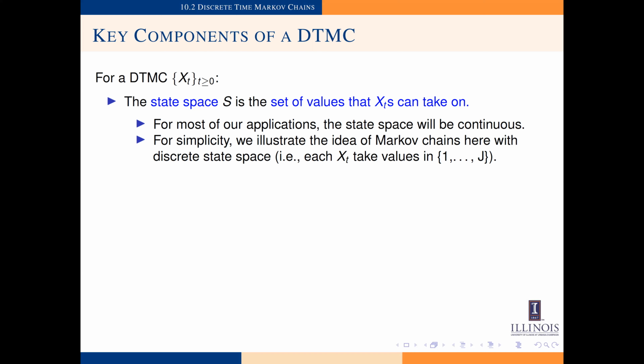However, for simplicity, let's illustrate the idea of Markov chains here with discrete state space. That is the case where each of the Xt's at each time point takes values between 1 and J, where this is either a finite set, which we will illustrate here, or a countably infinite set.